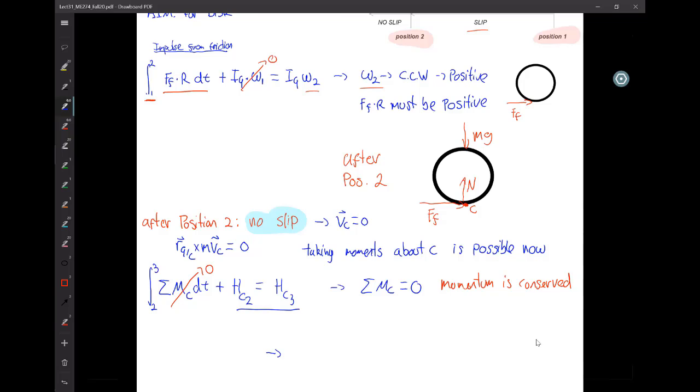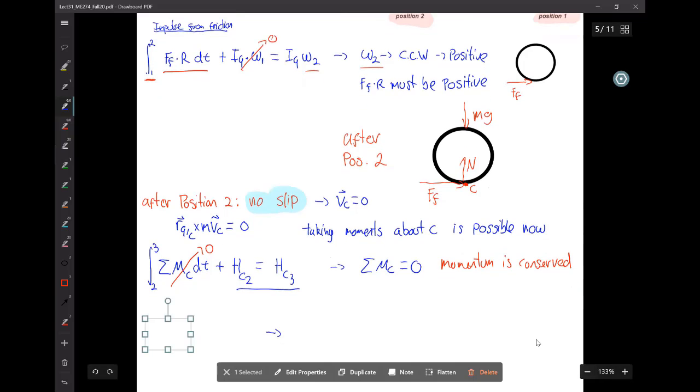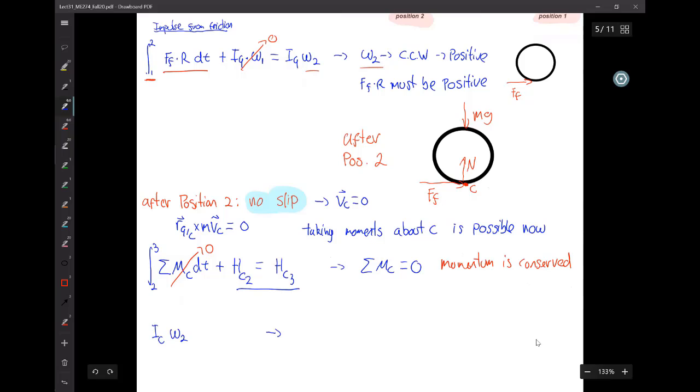So when we make things correct, then we can say that the angular momentum about point C is conserved, which means that right when we started the no slip condition we have omega 2, and at a later point, I can calculate my omega 3, after 10 meters, 14 meters, whatever, using the momentum conservation.